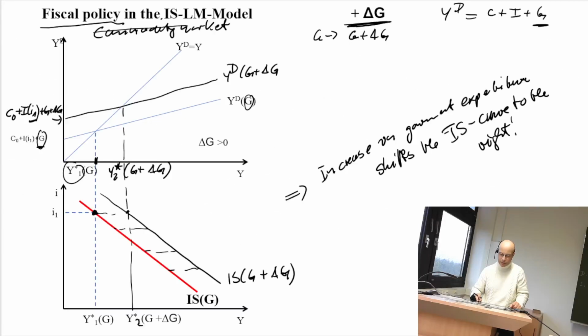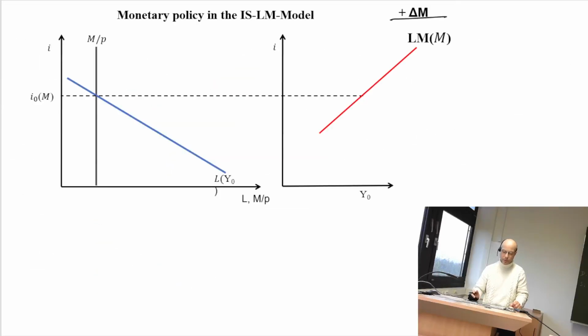So what we want to talk now about is what happens if the amount of money is increasing. Now, of course, this amount of money enters only the money market. So again, we have to think what happens to our curves in the money market. Where does M enter?